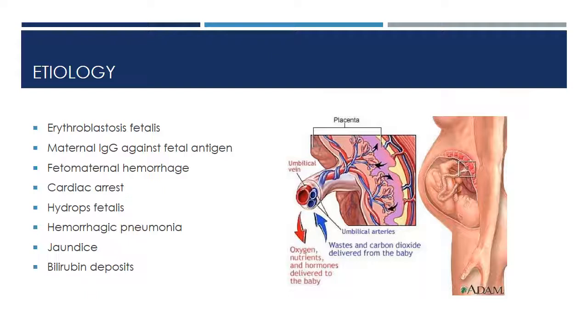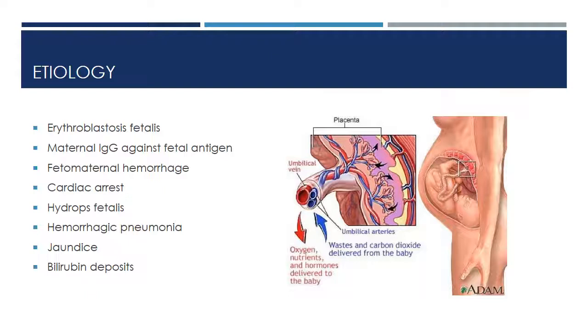So you're going to get this damage to the kidney. You're going to get this accumulation of fluids in the lungs and in the peritoneal cavity, and so you end up with a severely in danger fetus.